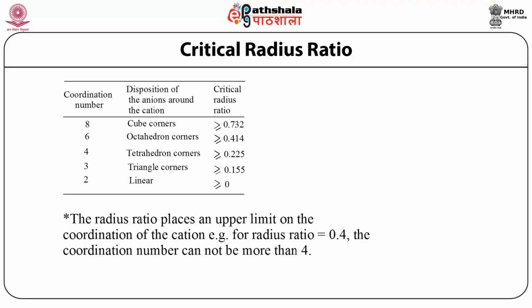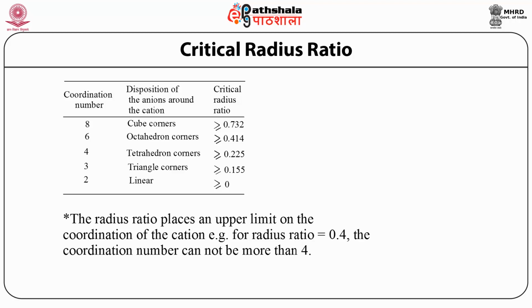The values of the critical radius ratios for the different coordination numbers are given in the following table. You can see that for different coordination numbers, the critical radius ratio changes. For example, if we talk about the coordination number 8, the disposition of the anions around the cation is at cube corners, for which the critical radius ratio is greater than or equal to 0.732.